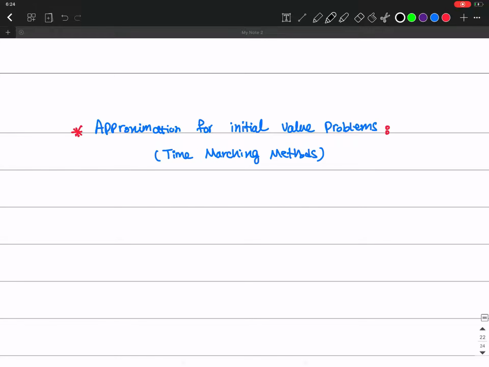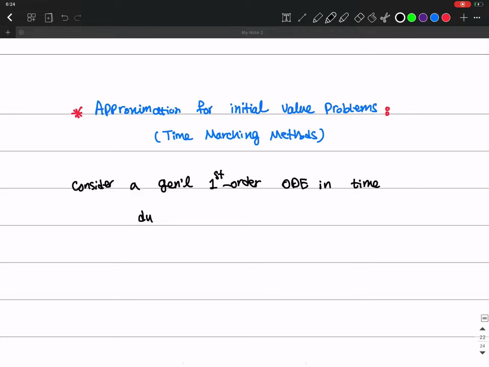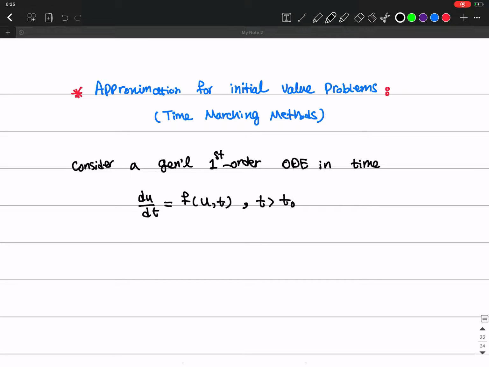So to get us started, I want to start with a simple case. Consider a general first order ODE, ordinary differential equation, in time as this: du over dt equals f of u and t, where t is greater than t0, and the initial condition of u at time t0 is just u0.